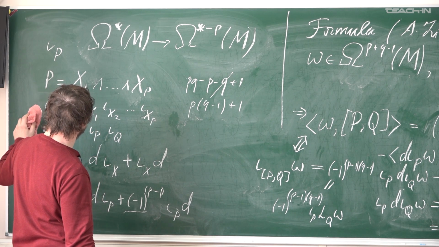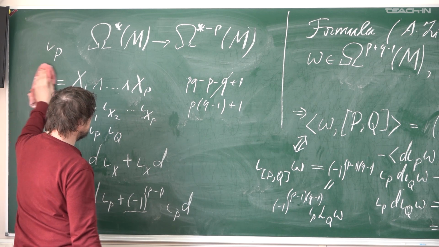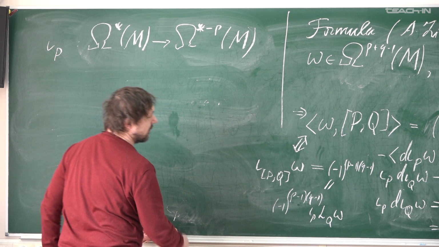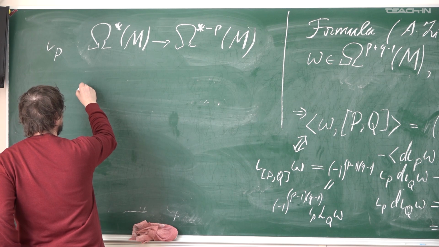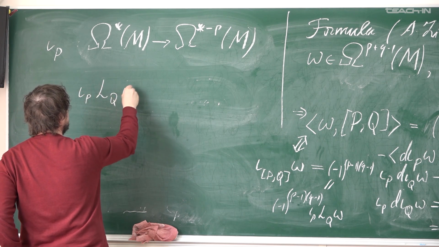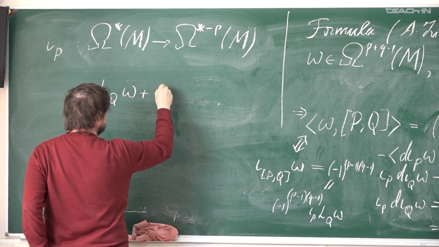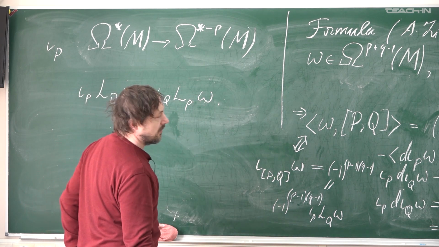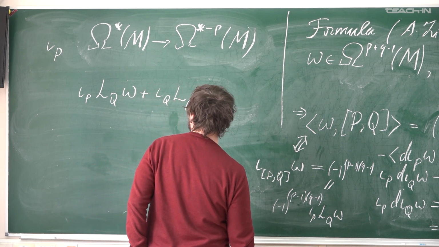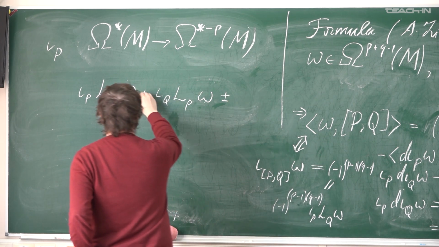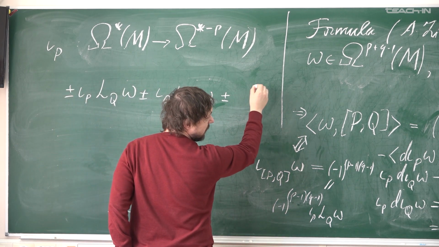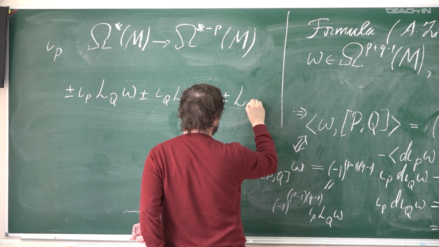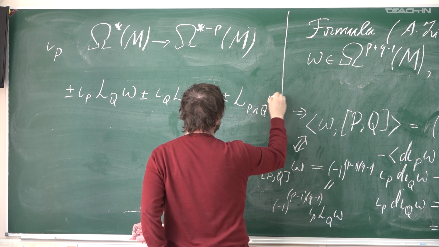Then when you do all the computations in terms of these contraction operations, you'll have on the right-hand side something like I_P L_Q omega plus I_Q L_P omega, and plus or minus L_P I_Q omega. I think that's something like this.